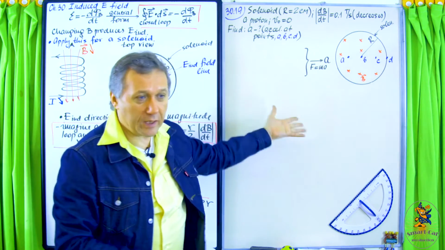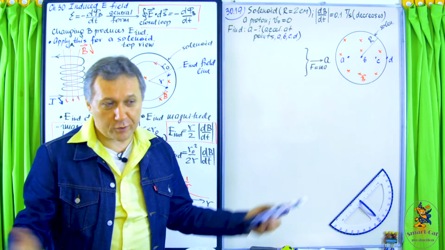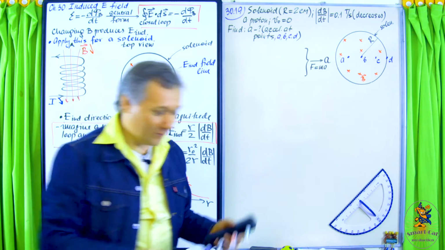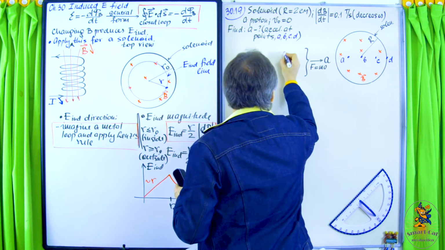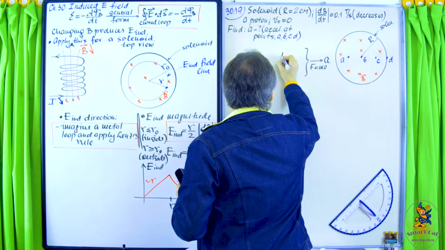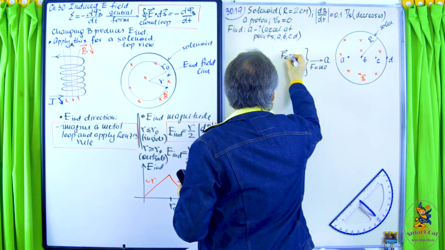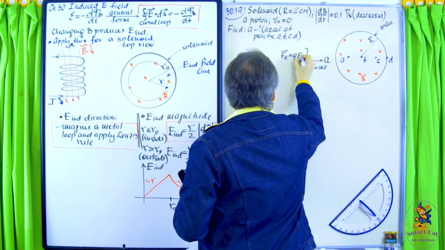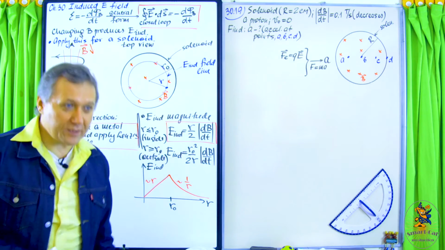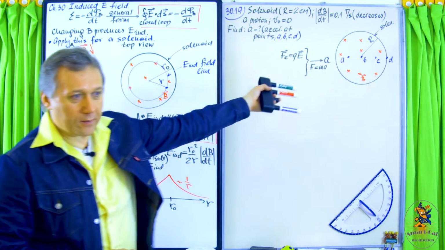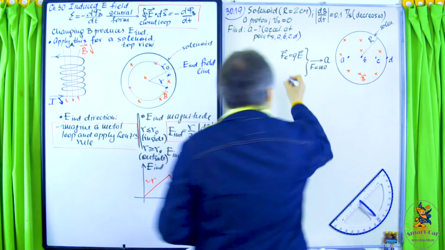Okay, let me write that down and analyze what's so special about each of those forces. Let me write down first the electric force. F electric equals Q times E. Electric force. And then magnetic force. The magnetic field is still there, so we need to look at that.